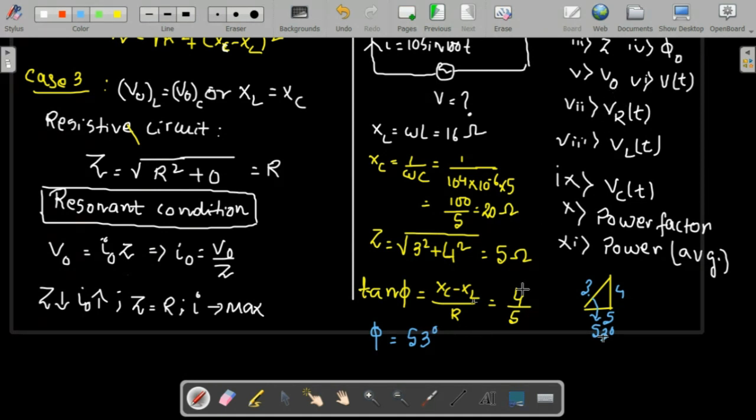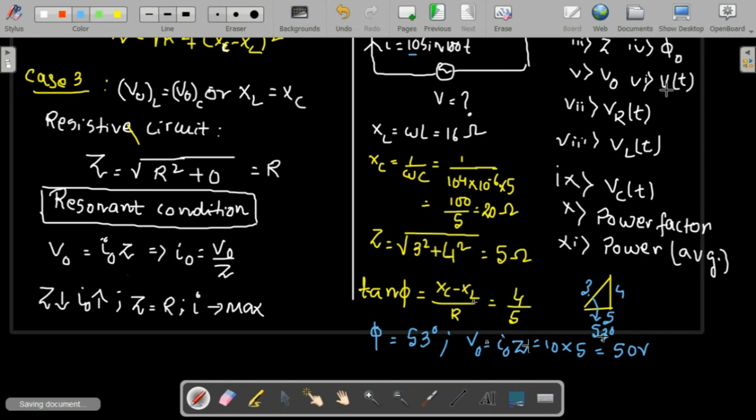What else do we need? V naught. V naught is the peak voltage, which is nothing but I naught into Z, and I naught is given to be 10, so this is 10 into Z, which is 5, so 50 volts.